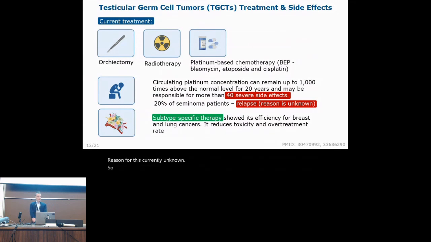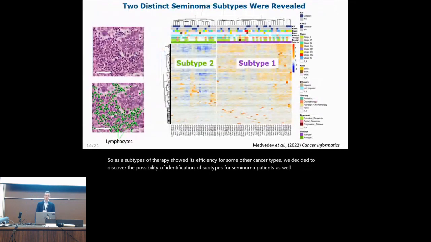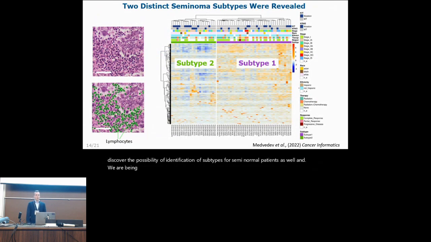So, as subtype-specific therapy showed its efficiency for some other cancer types, we decided to explore the possibility of identification of subtypes for seminoma patients as well. And we studied all available seminoma samples from the TCGA database, based on transcriptomic data.